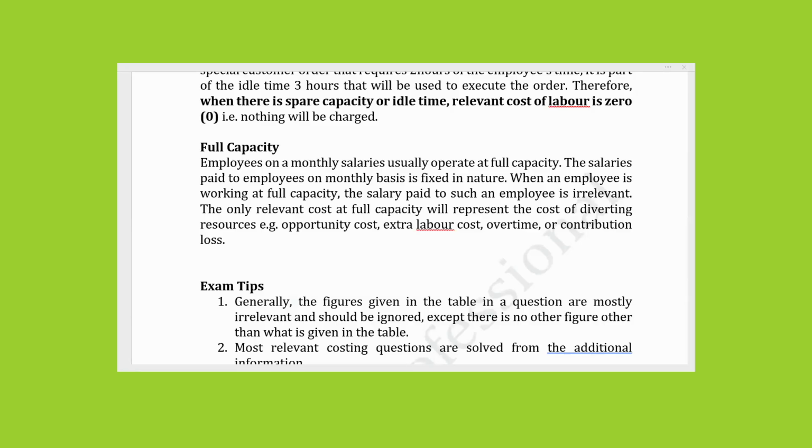Because the examiner has mentioned that it will be disposed of at 10,000 naira, therefore, to determine my total relevant cost of material, I already have material A, say 50,000. Material B will be disposed of at 10,000. Therefore, I would then say 50,000 minus 10,000. That means the relevant cost of material that I'm going to use is 40,000. So that's the way you are going to treat it.